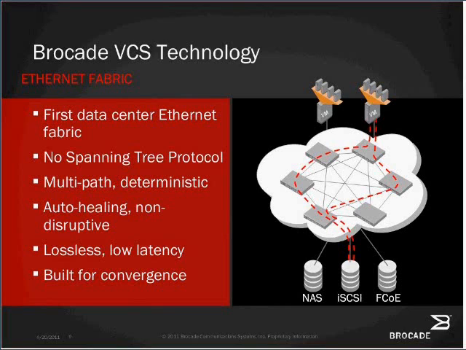Also, when you eliminate spanning tree, if failures do occur on the network, we actually reconverge in much faster times than spanning tree does. So we have sub-second convergence times versus multiple seconds when spanning tree is involved. It's also multipath, as you see in the diagram.